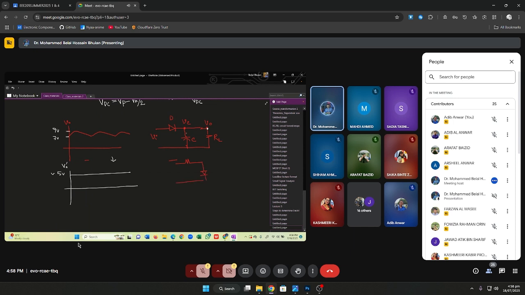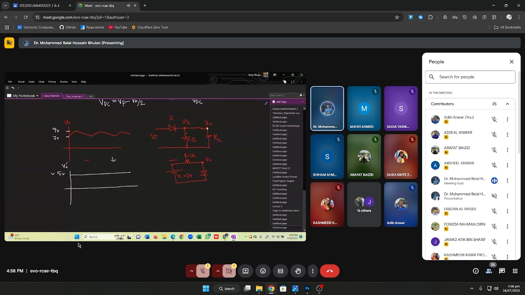If we make it forward biased, let's say I apply Vi equal to 2 volt, and R is equal to 1K. Then I want to determine the output voltage V naught.